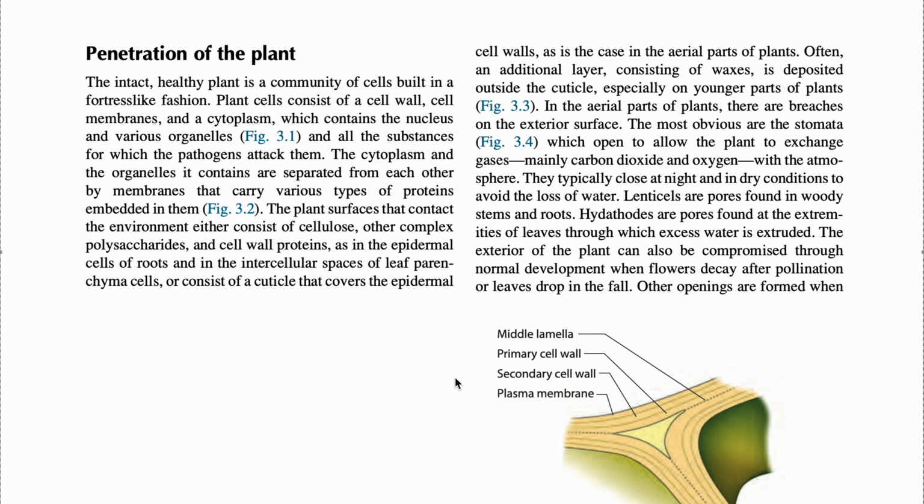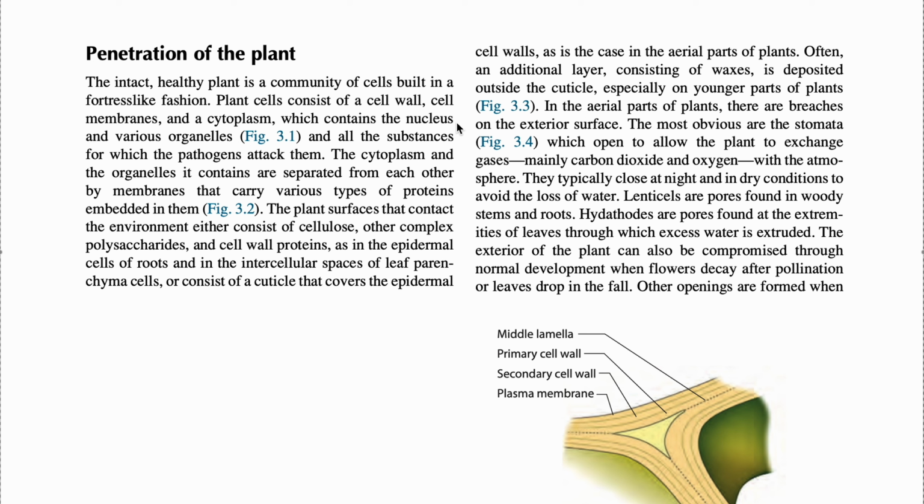from penetration. Now let's see, a plant cell consists of cell wall, cell membrane, and cytoplasm, which contains the nucleus and various cell organelles, which we might have studied in biology in school, right? So they have a series of layers of protection.